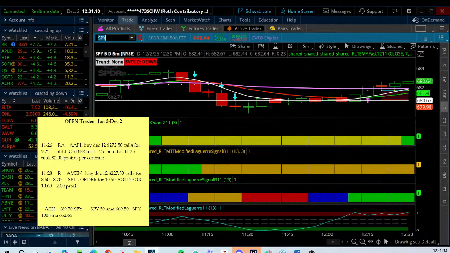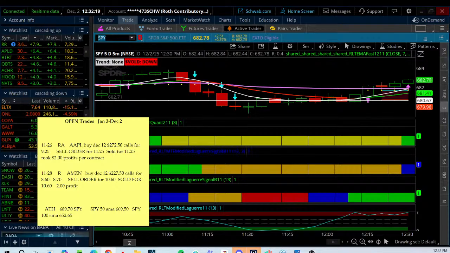SPY still moving up. Pretty good little bounce in the market here now.